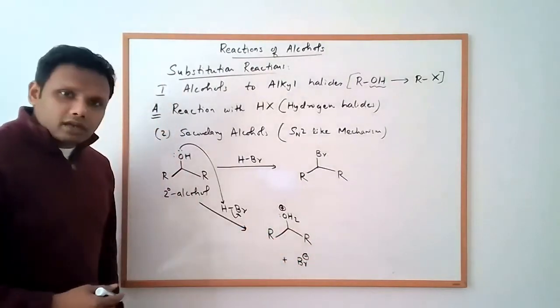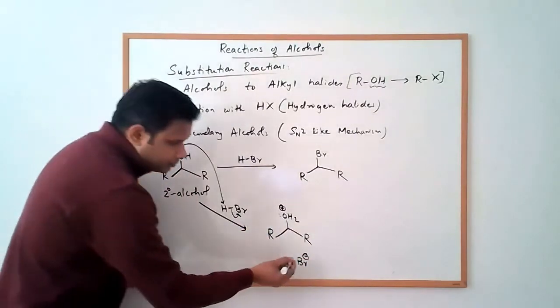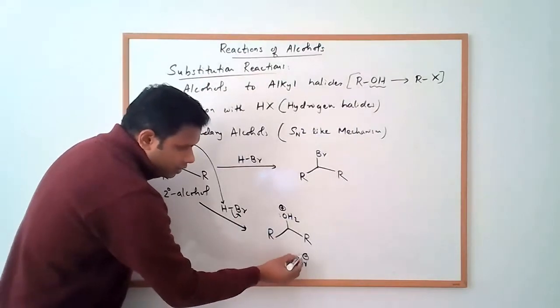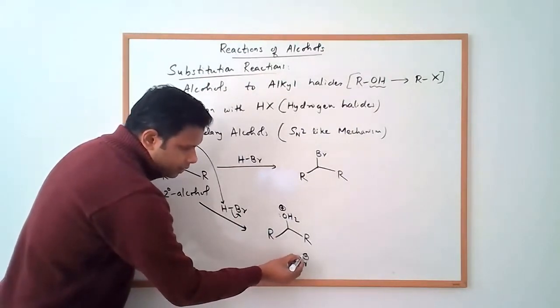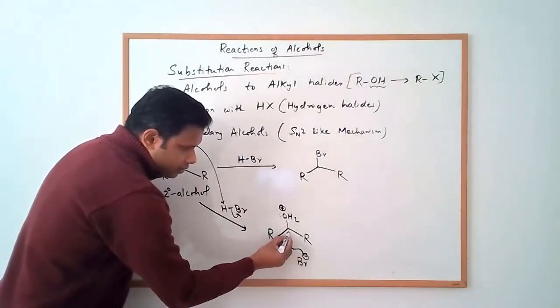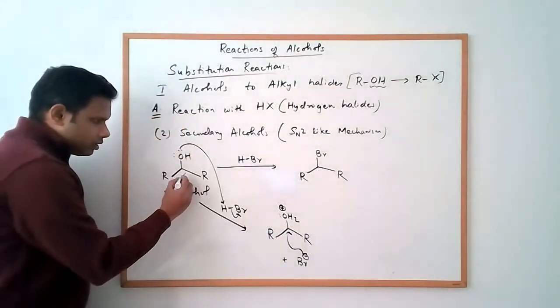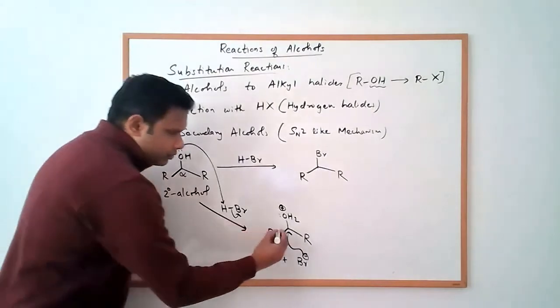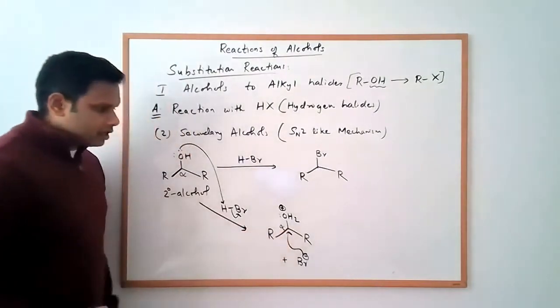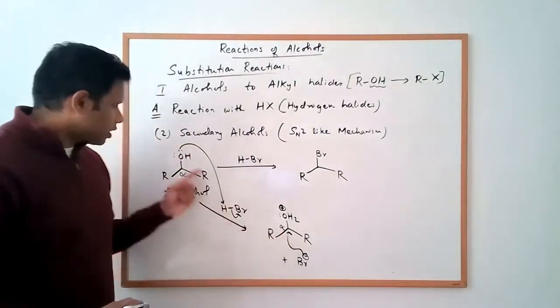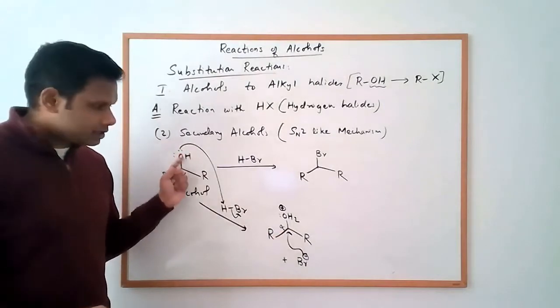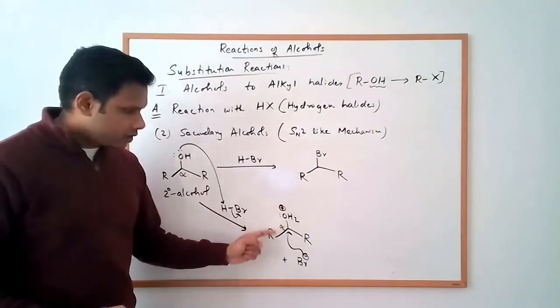Whereas in a secondary alcohol, this reaction proceeds by an SN2 mechanism. So the Br minus attacks that carbon, which, relating it to some of the terminology from alkyl halides, we can still call the alpha carbon because that's where the functional group is attached. So this is our alpha carbon.